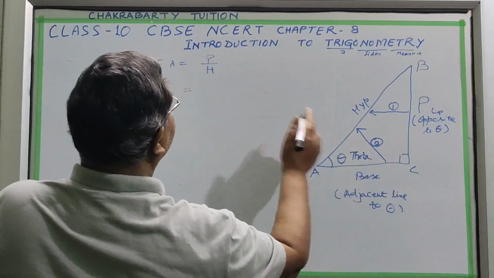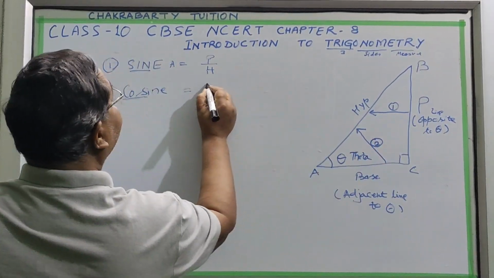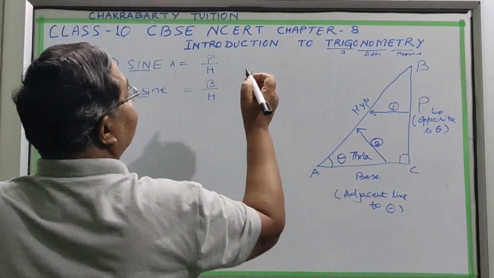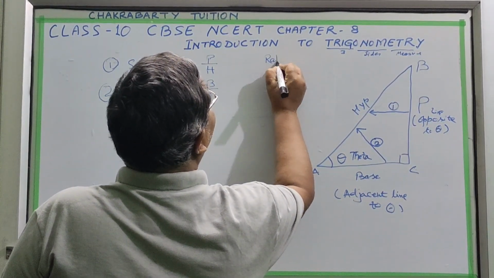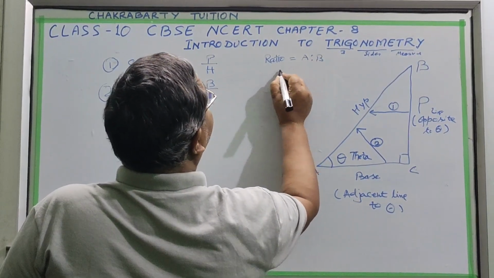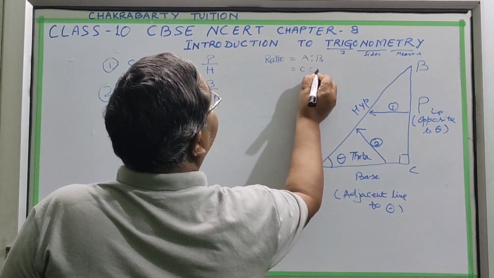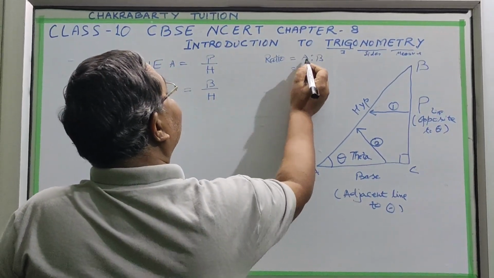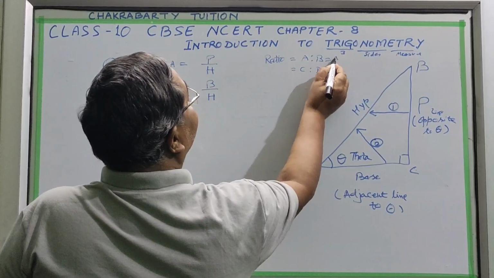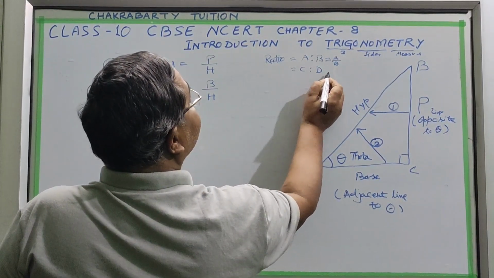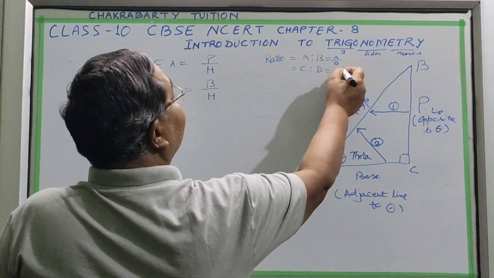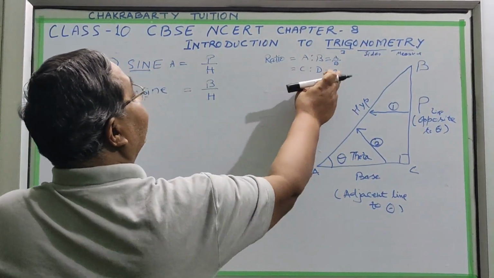Here the relationship is base upon hypotenuse. You see the ratios we used to write previously: A is to B or C is to D. But if you want to multiply this, it becomes difficult. So in math, the AB ratio we can write as A upon B, the CD ratio as C upon D. So multiplication, addition or subtraction becomes very easy.